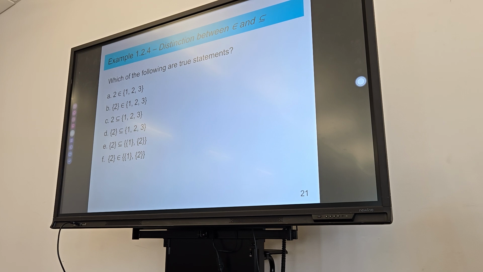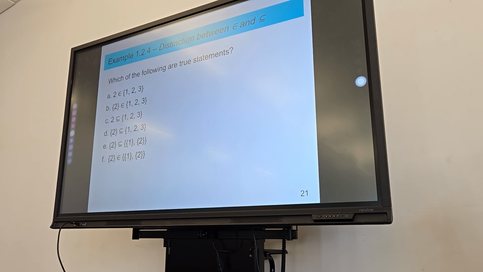Is the set containing the number 2 a subset of the set containing the set containing the number 1 and the set containing the number 2? No. More to the point, F is true because a set with the number 2 in it is an element of the set on the right.